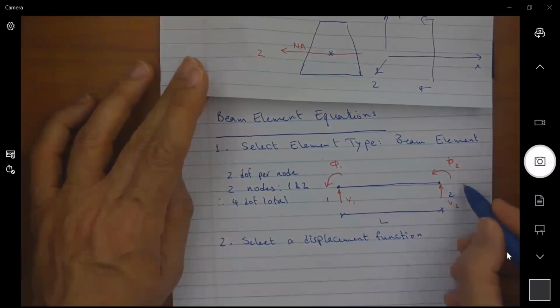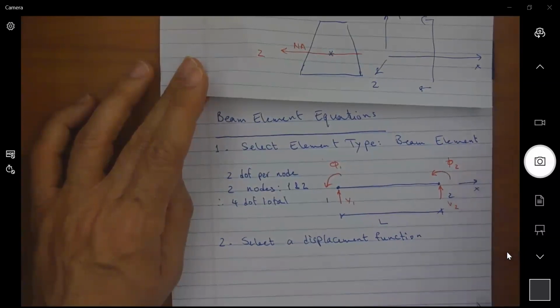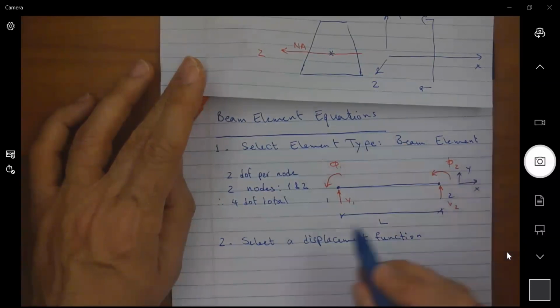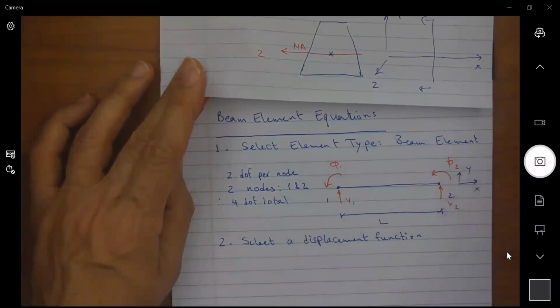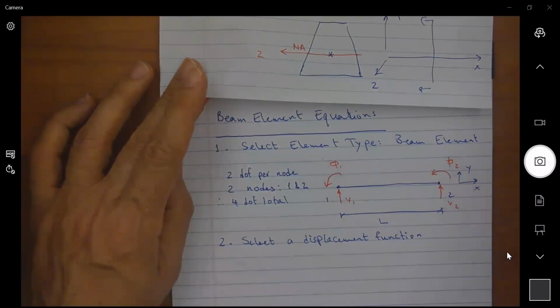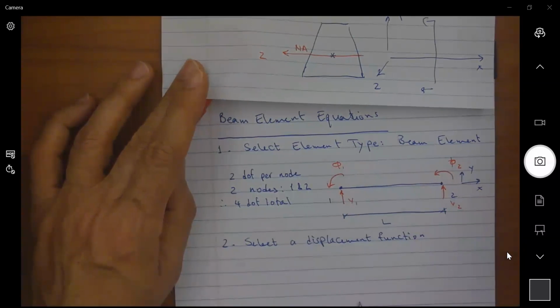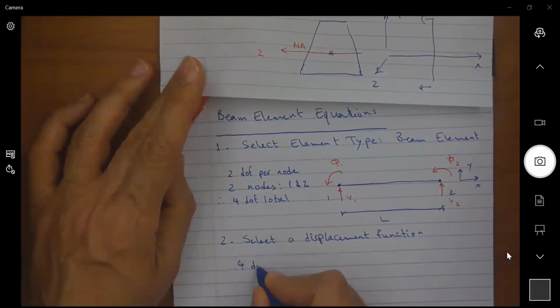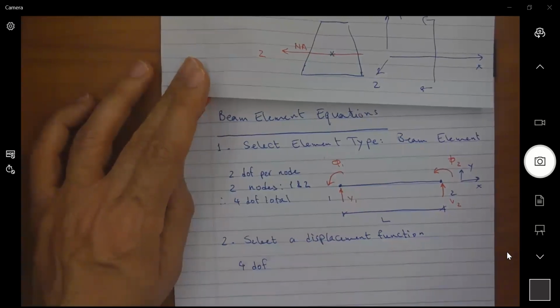So we're working in the local directions here, which would be X and Y. V1 and V2 are perpendicular to the axis of the beam, which is oriented along the X axis. Now, when I look at the beam element, I have 4 degrees of freedom total.